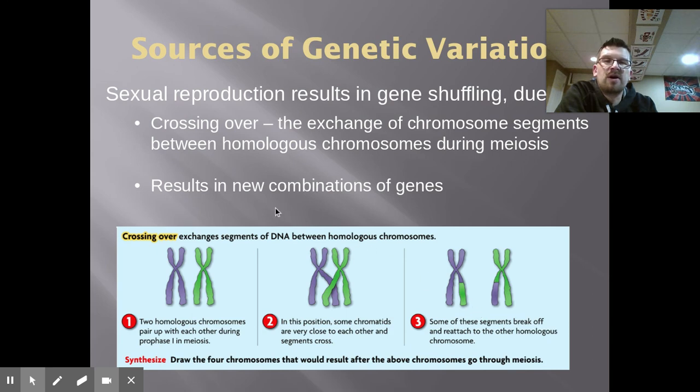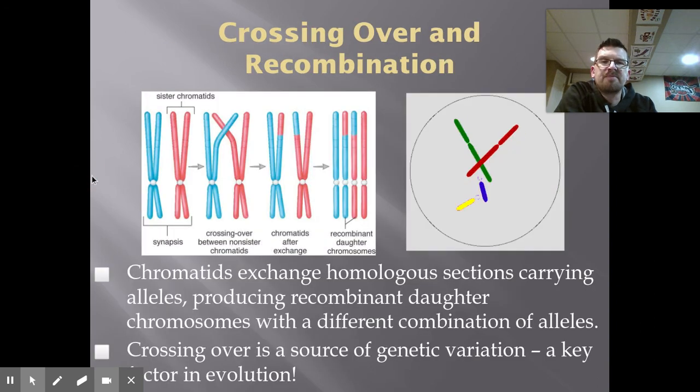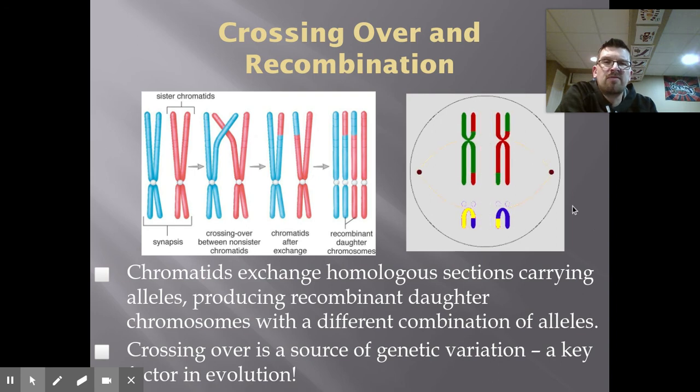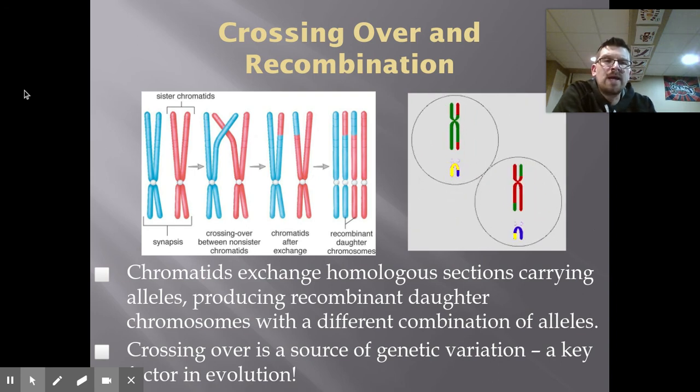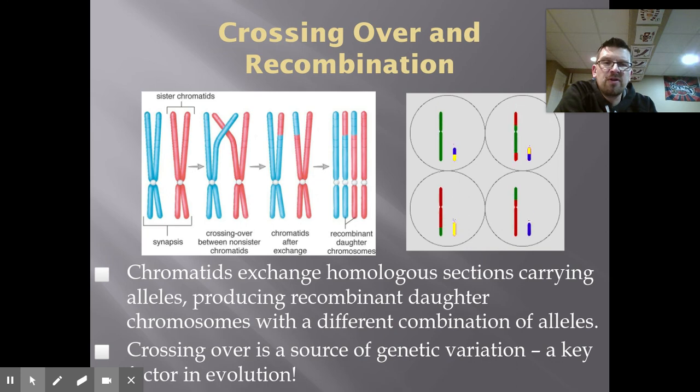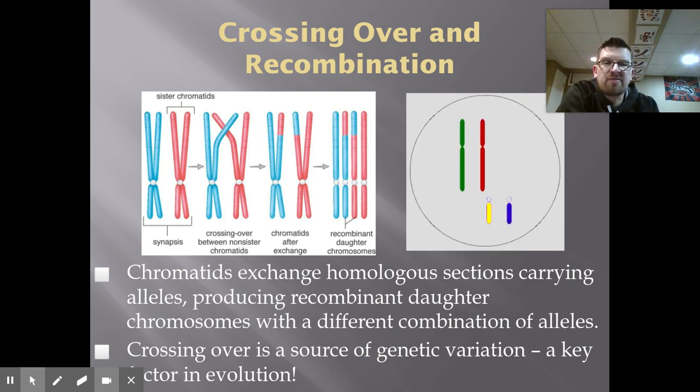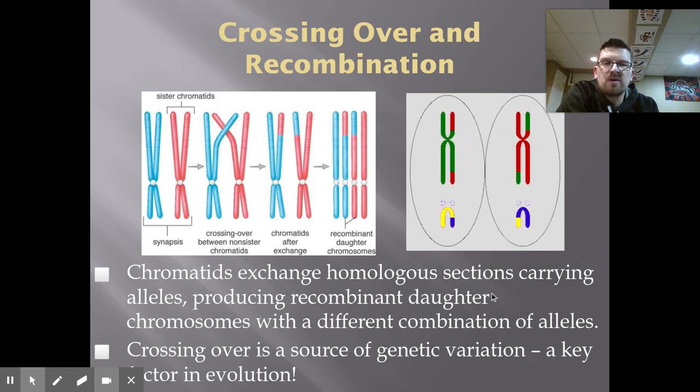This is very significant, and this happens every time this process takes place, every time during meiosis. So here is a visual example of what we call genetic recombination through crossing over. This information is the same thing as I just said on the last slide, just putting it in a bit better visuals.